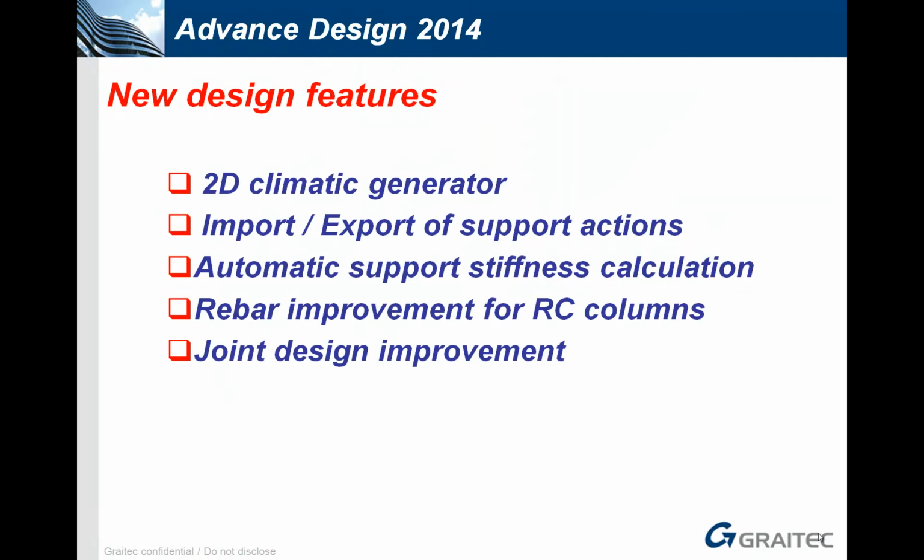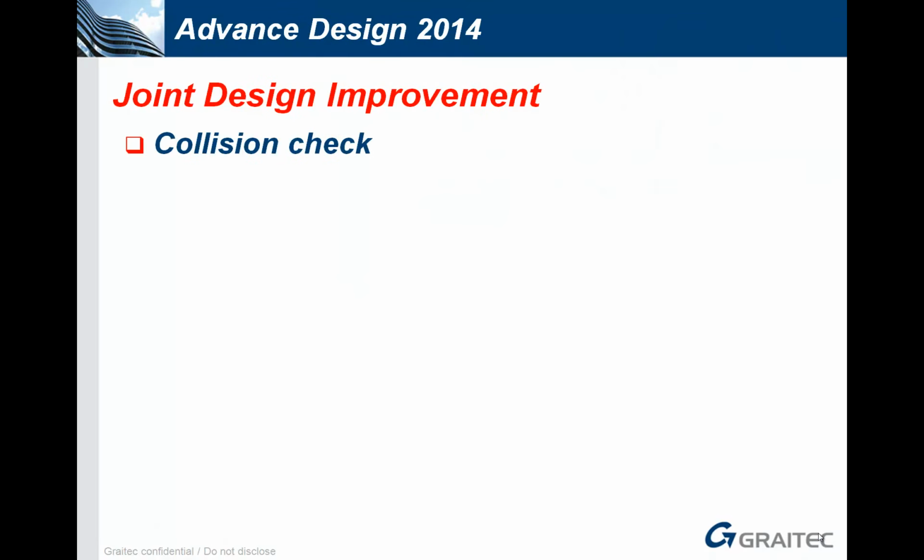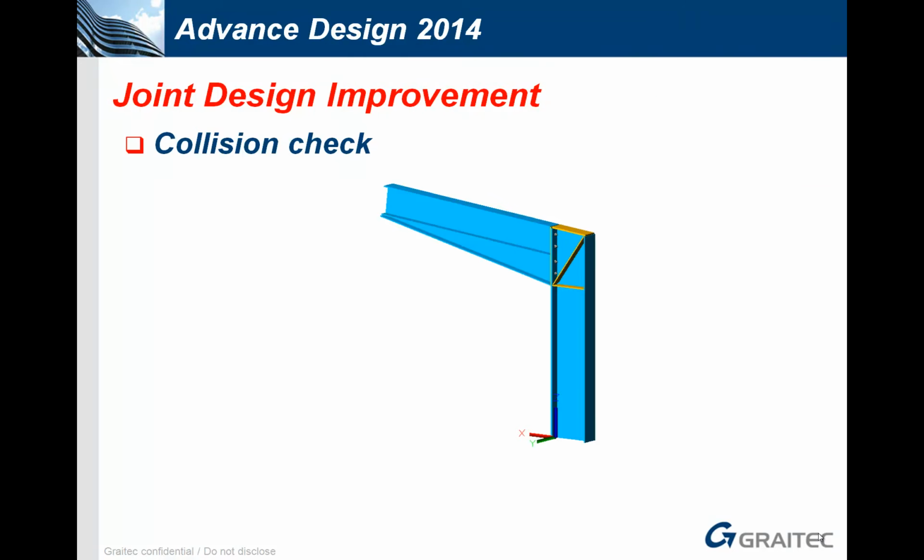Alright, another new design feature is some big improvements on the joint design side. First of all, we implemented a collision check. See, now ADSC, Advanced Design Steel Connection, is able to point out potential issues on the connection.